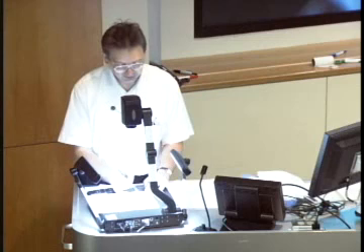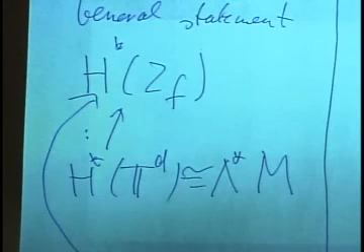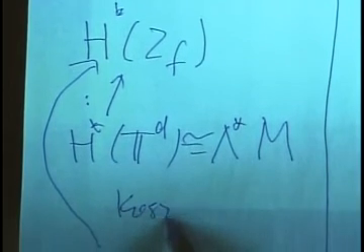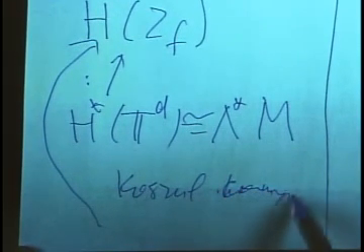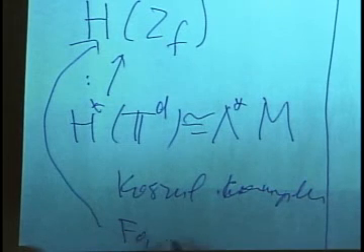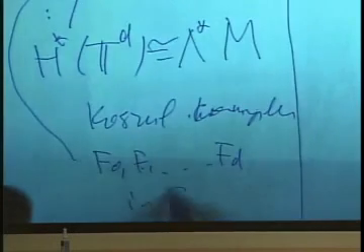And there is another ingredient which influences the cohomology. This is exactly the Koszul complex that I already explained in my first lecture. So there is a Koszul complex of elements F1 and so on in this graded ring. So this is another component.